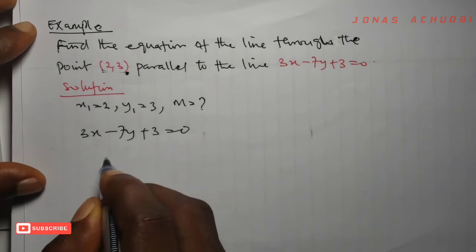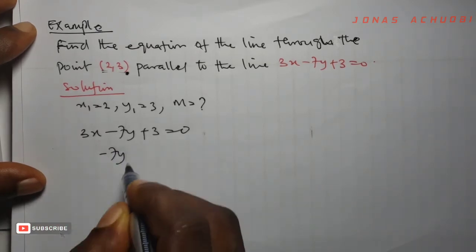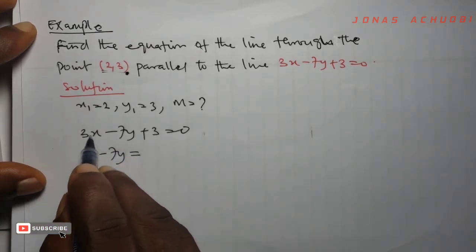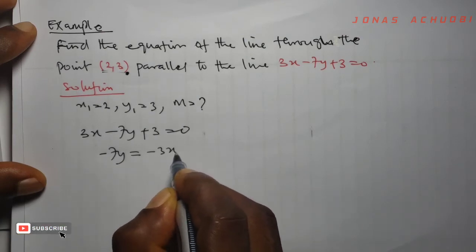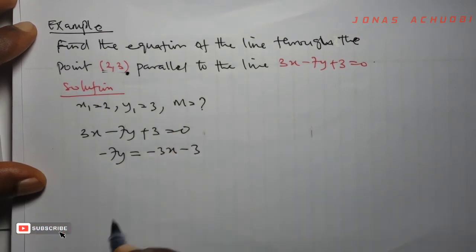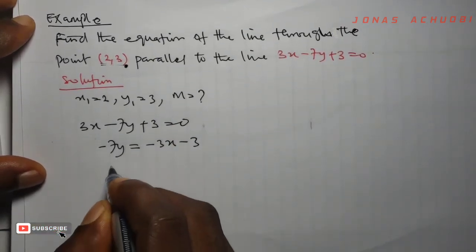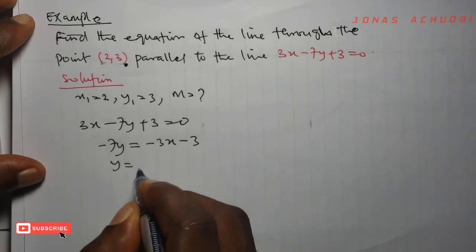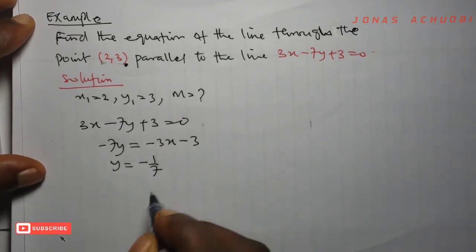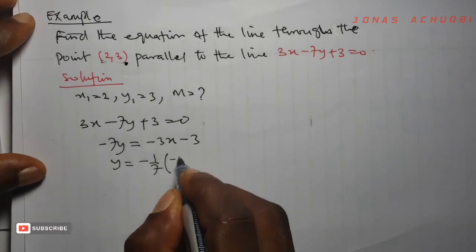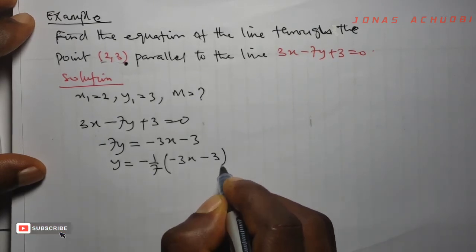So minus 7y is equal to minus 3x minus 3, so that y is equal to minus 1 over 7 into minus 3x minus 3.